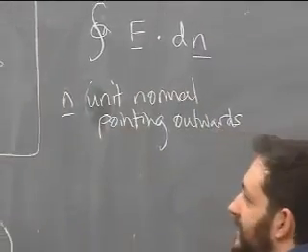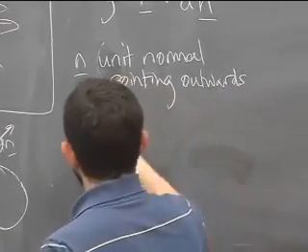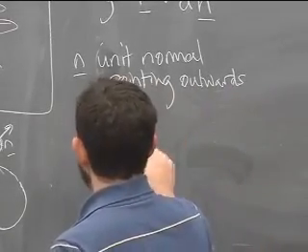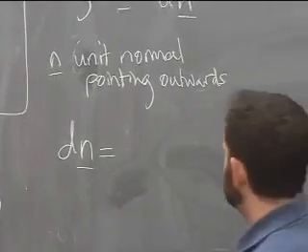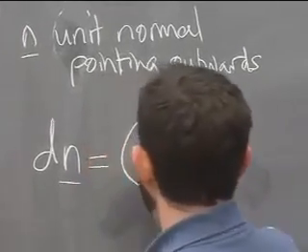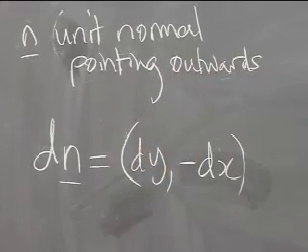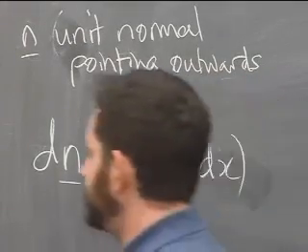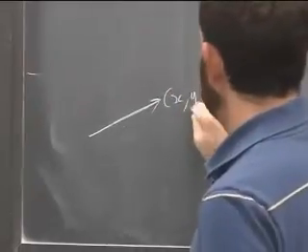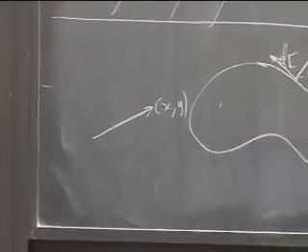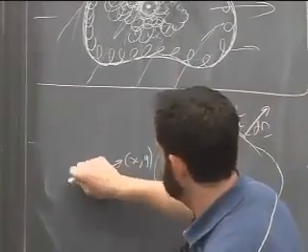So here's where I got a little bit trapped last time, and I want to avoid that by just telling you that practically speaking, if dr was dx comma dy, then dn should be equal to dy comma minus dx. Well, we've seen that if you switch the x and y coordinates but take a negative, then this ought to give you the opposite slope.